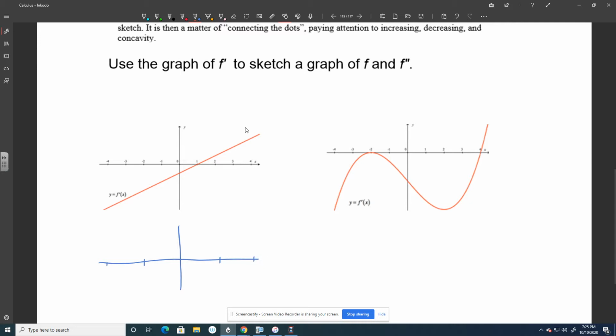Now, if I look at this graph, the first thing I want to look at is where I cross 0, right here. Remember, these are my slopes, okay? These are all my slope values of my original graph. So right here at 1, I have a slope of 0.